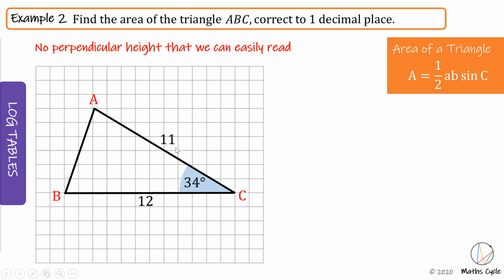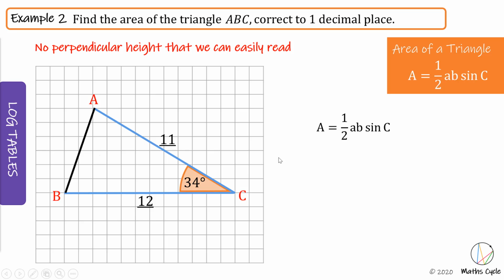So if we look at our diagram, we have the side length 11, and then we have the side length 12, and then we have the included angle 34 degrees. So that's perfect. So write down your formula for your attempt marks.